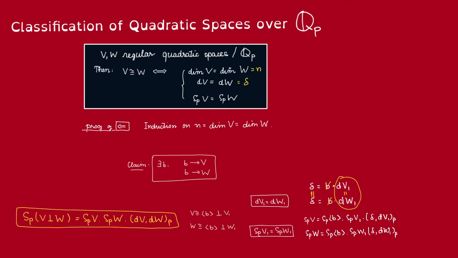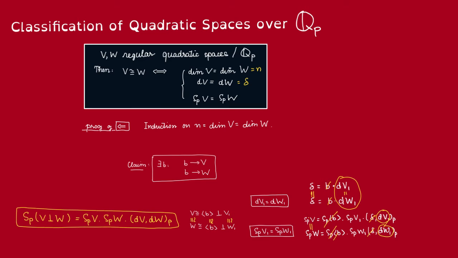Similarly for the Hasse symbol for W. Now, these are the same, right? But then we showed previously that these discriminants are also the same. So this means that the Hasse symbols of V1 and W1 must be the same. And so, by the induction hypothesis, V1 and W1 must be isometric, and that means V and W must be isometric.